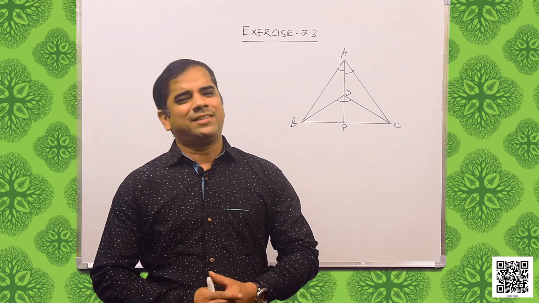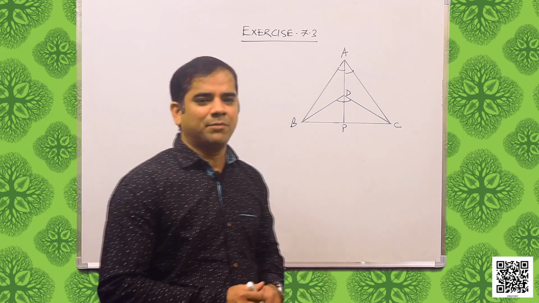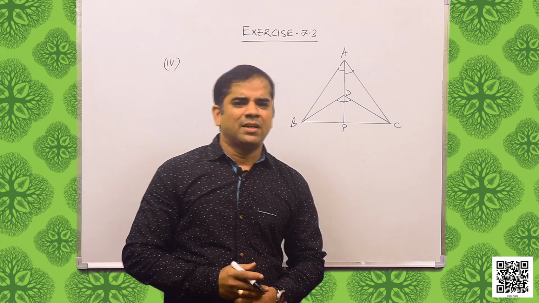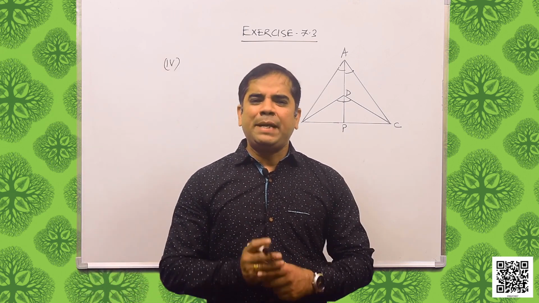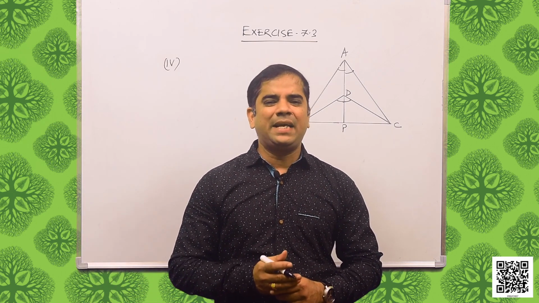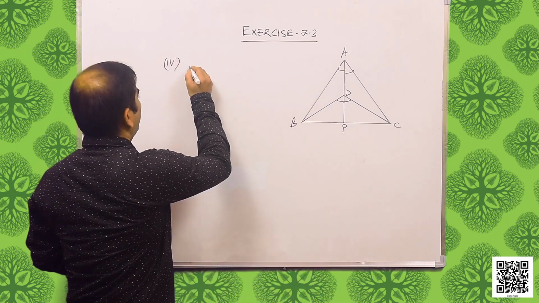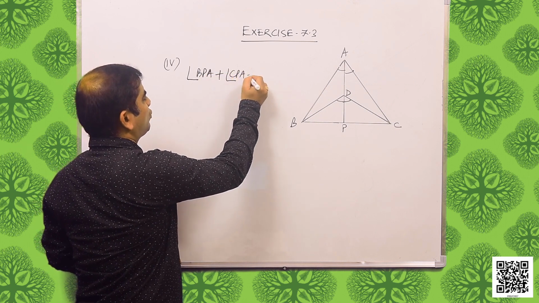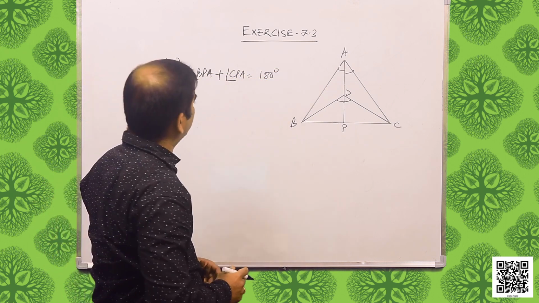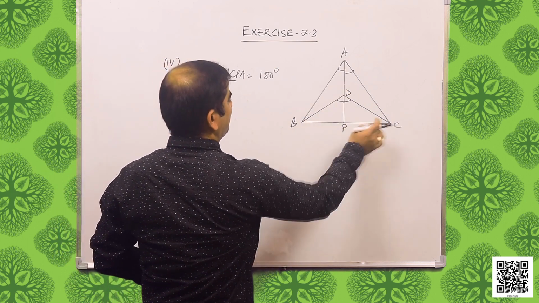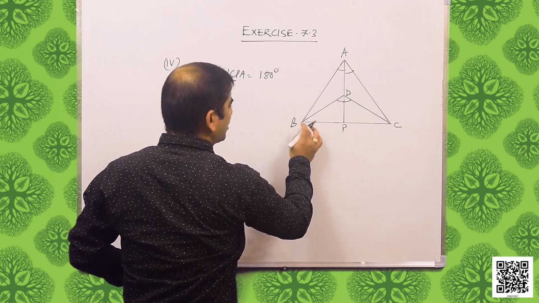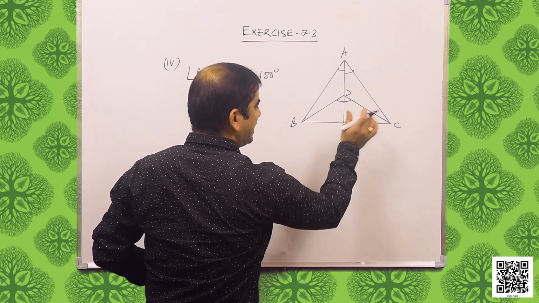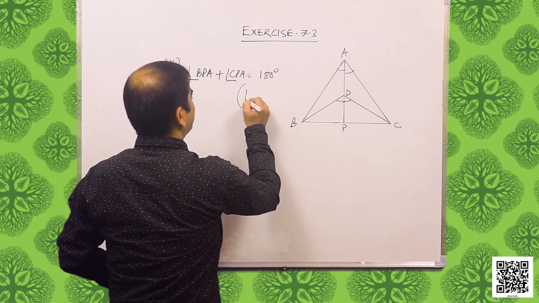Okay. So, students, let us discuss the fourth bit of the question. We have angle BPA plus angle CPA is equal to 180 degree. Which two angles? BPA and CPA. Why are they 180 degree? Because they lie on the same straight line segment BC, so they are building a linear pair.